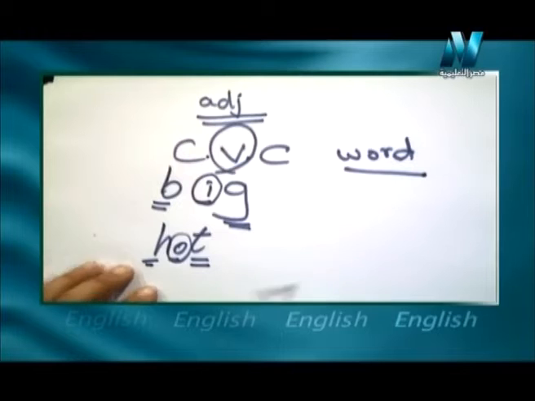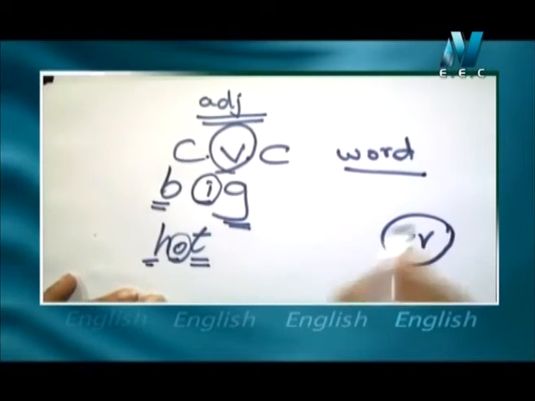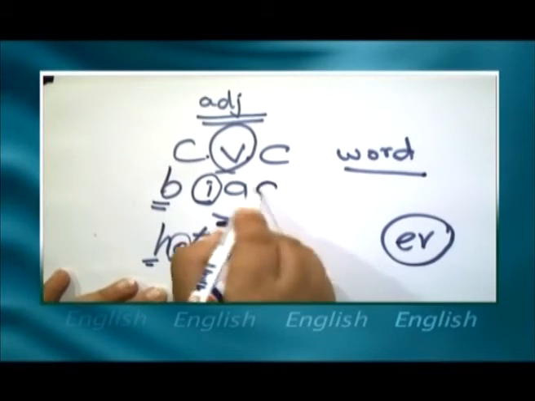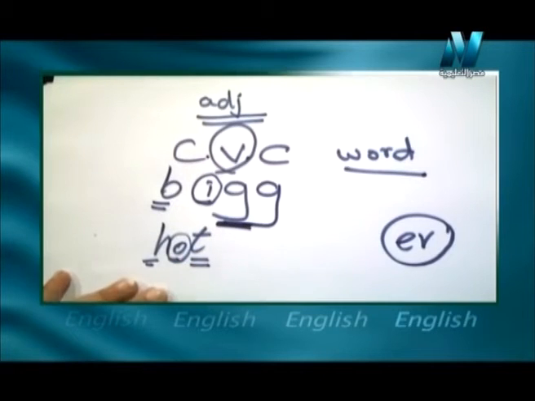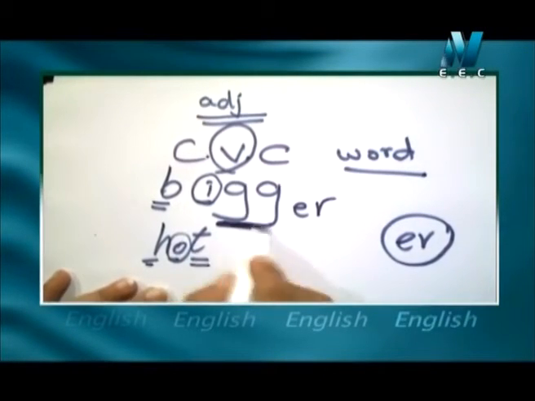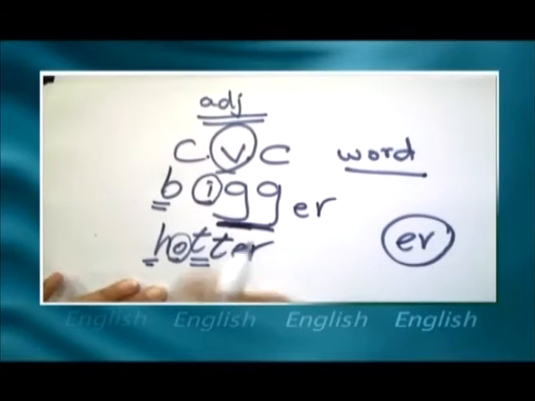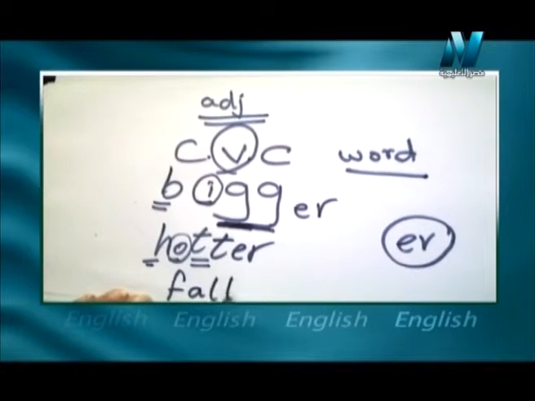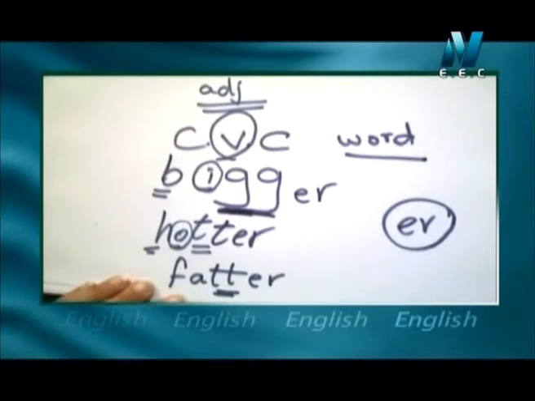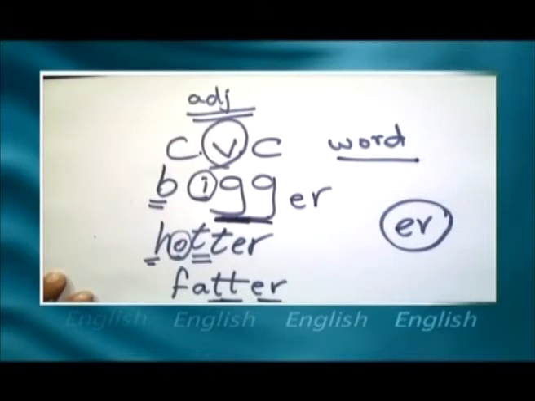What shall I do? Before I put the ER, I will write the last letter twice. I will put G and G, then the ER. Bigger. I will double it. Hotter. Fatter. Double T. Because it's a CVC word. That's why we double the last letter and then put the ER.